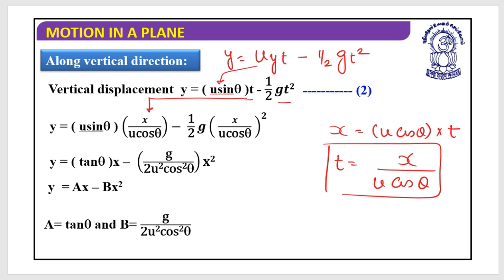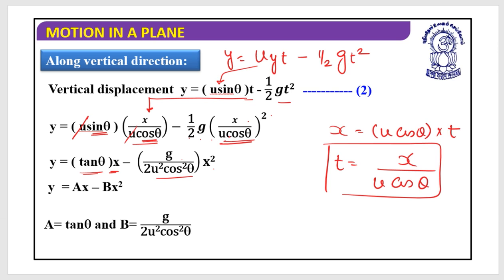So y is equal to u sin theta multiplied by x divided by u cos theta minus half into g into x by u cos theta whole square. If I simplify this, u and u would be gone. Sin theta by cos theta is tan theta, multiplied by x, minus g multiplied by x square divided by u square cos square theta, and this 2 has been multiplied here.